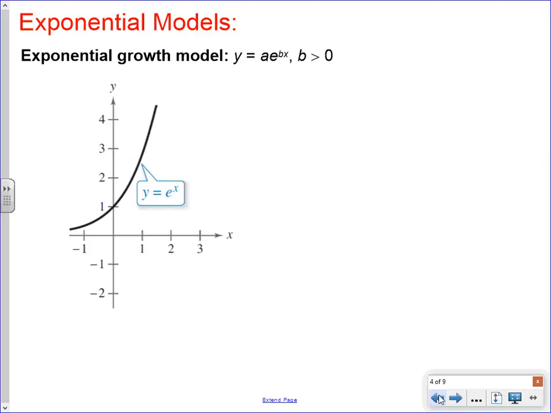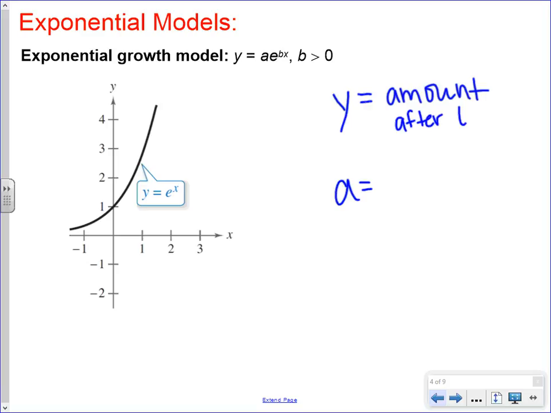In both of these models where we have A e to the bx, y is always going to be our amount after so much time, if we're talking about applying this to models.